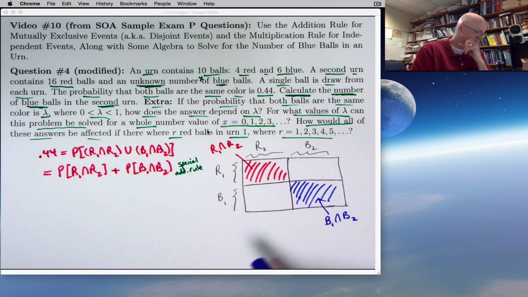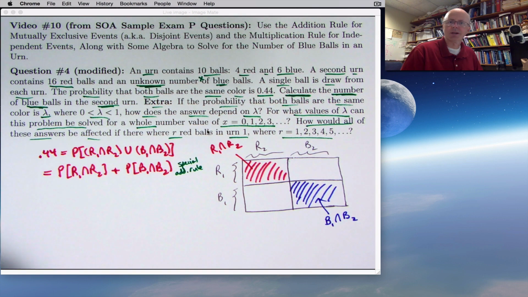But wait a minute. Nowhere in this problem do you see the word independent. Is that a problem? It might seem like it at first, but it's actually not, because what you need to do is realize you need to assume R1 and R2 are independent, and B1 and B2 are independent. And you can assume that because that's a reasonable assumption.